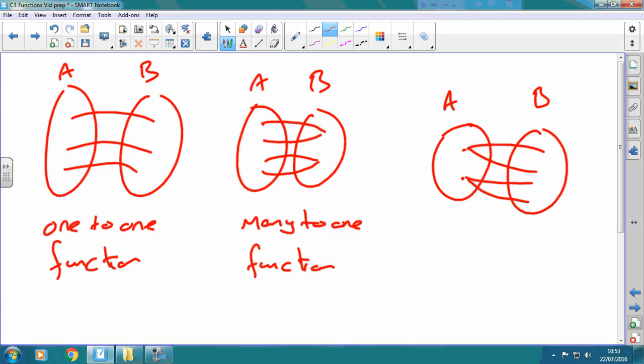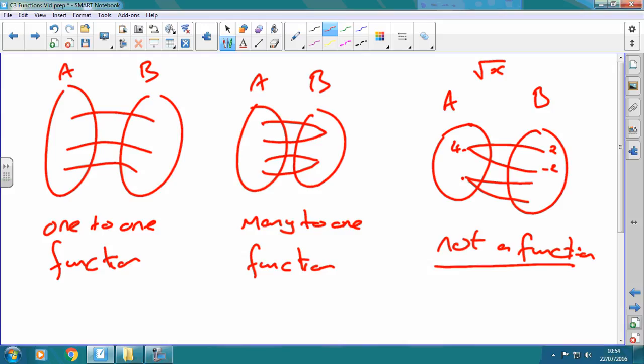If it was the square root of x, and you had 4, that will go to 2 and -2. This is not a function, because you can't have one element mapping to more than one other element. You can have it the other way around, so you can have two elements mapping to the same element, but you can't have this one here.